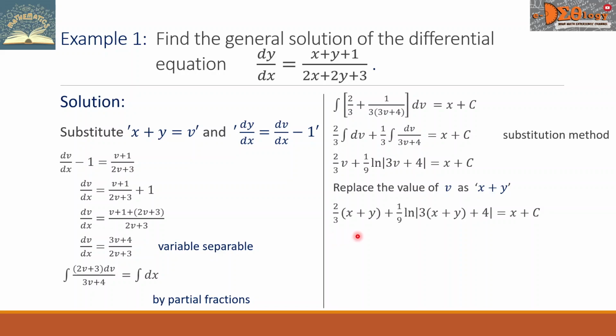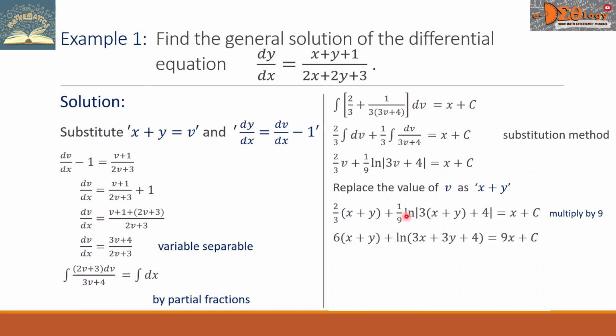Then let us simplify this equation. Let us remove the fraction. Let us multiply this equation by the LCD. We have here two denominators, 3 and 9. So the LCD is 9. We will multiply this equation by 9. So the resulting equation will be like this. 6 times the quantity (x plus y) plus this 1 over 9 here will be cancelled.